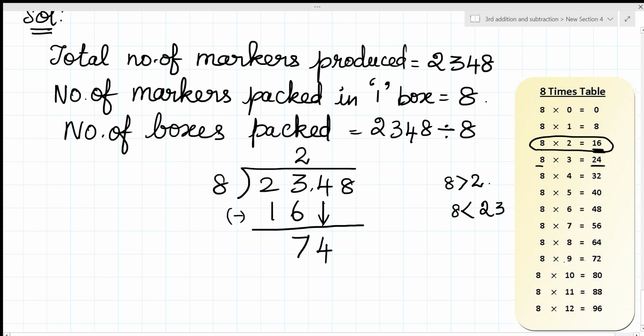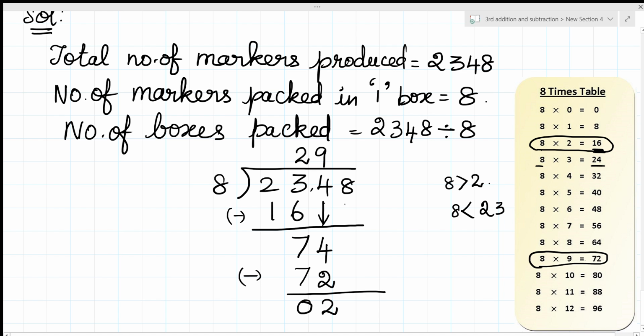So we are going to take 72, which means 8 nines are 72. 9 in the quotient, 72 below the number. Now subtract 4 minus 2, it is 2. 7 minus 7, 0.